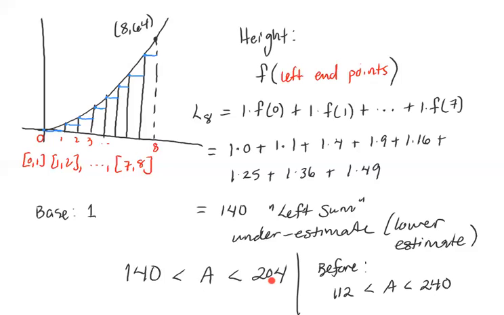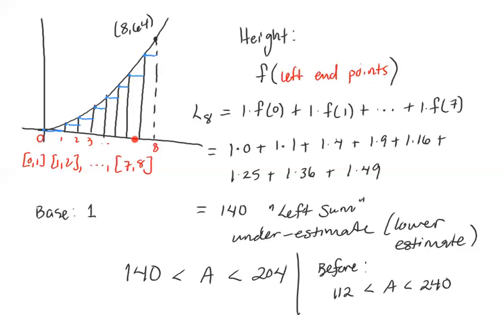Now, we could keep going with this process. We could keep dividing this area underneath the curve into smaller and smaller areas. In other words, rectangles that have a narrower and narrower base, which means that we would have more and more rectangles. And the more rectangles we use, it turns out the better our approximation of the area is.